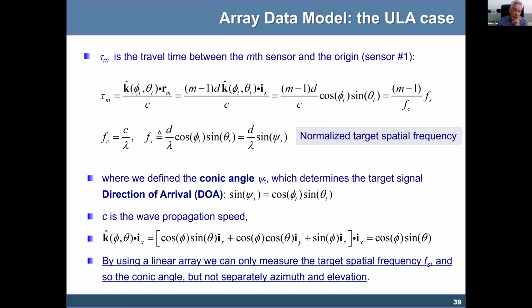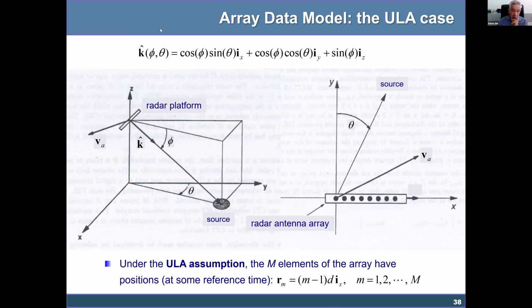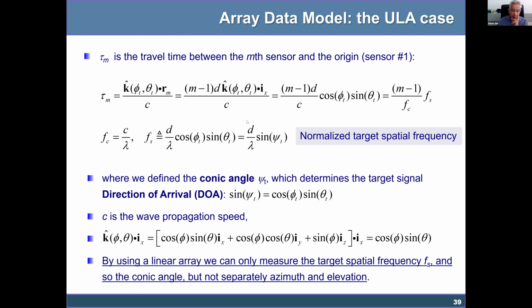So you replace R_m with this definition. You replace k with this definition. You calculate the inner product, you get this. So you get m minus 1 that multiplies the distance d divided by the propagation speed, and then you have the cosine of the elevation multiplied by the sine of the azimuth.